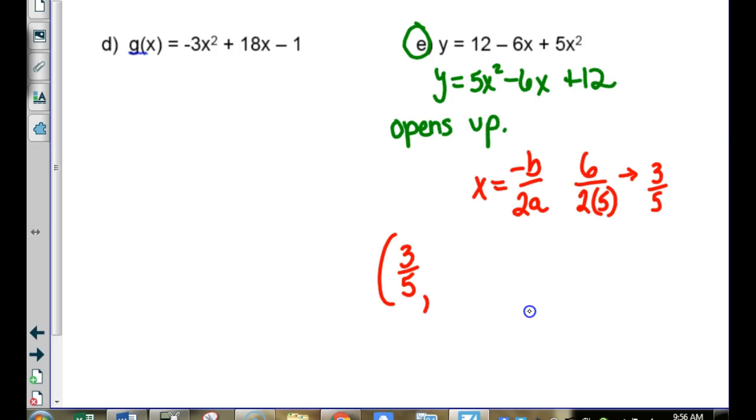How do we find the other piece? All right, so it's 12 minus 6 times 3/5 plus 5 times 3/5 squared. I don't think I want to do that in my head.